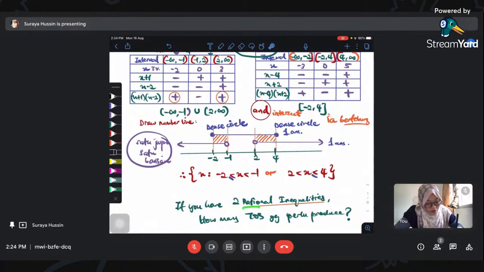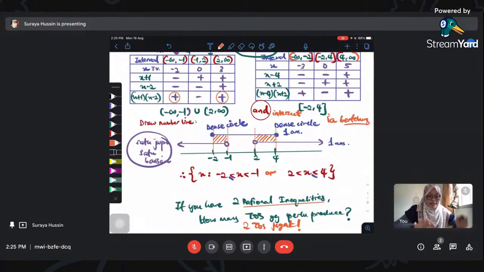Do you remember what is rational inequalities? Dua, Miss. Yes, Intan. Thank you for your answers. Dua TOS juga, exactly. Betul. You, Darren, I think too. Yes, you are right, Darren. Okay. All of you are correct.